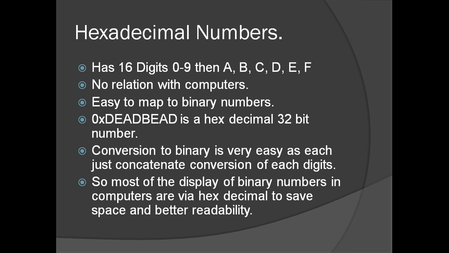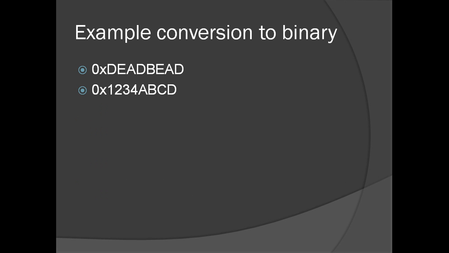In most cases, binary numbers are displayed in hexadecimal instead of ones and zeros. This is just to save space and for better readability. To know the relation between binary numbers and hexadecimal, let's do a conversion.